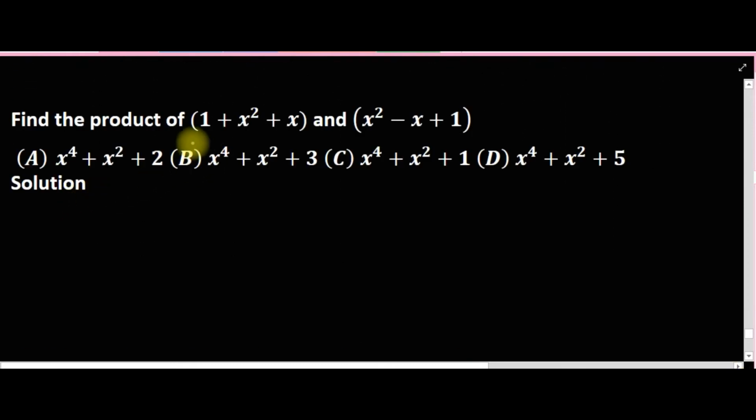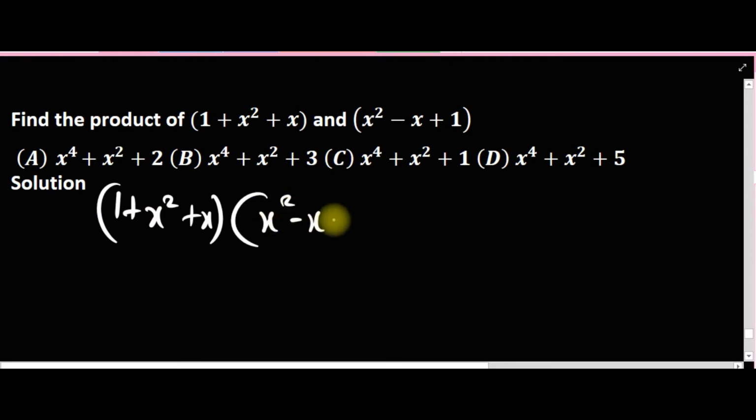To find the product of this, 1 plus x squared plus x and this, find the product of that. So we ask 1 plus x squared plus x times x squared minus x plus 1. So that's the product.